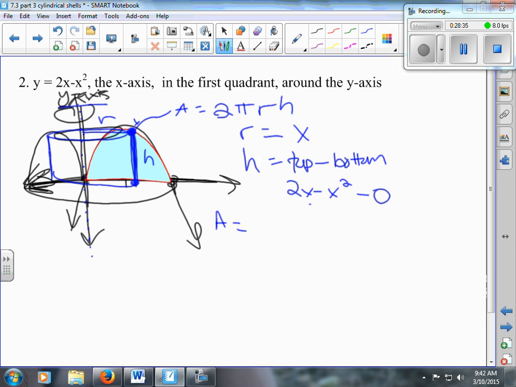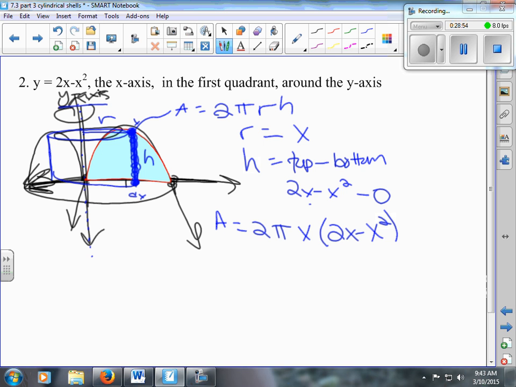And so now I can plug into the area of my cylindrical shell. So 2 pi x times 2x minus x squared. Notice the thickness of the toilet paper roll, or the cylindrical shell, is a dx thickness.